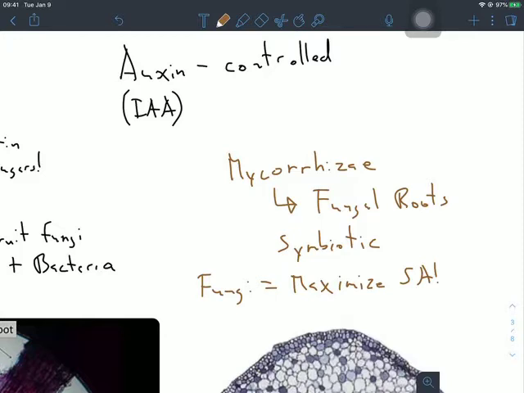These fungi will grow into a plant cortex, so they will grow into plant tissues, establish themselves within a plant cell, kind of like a trading post within the plant cell, and they will traffic in water and minerals, and in return, they get sugar.